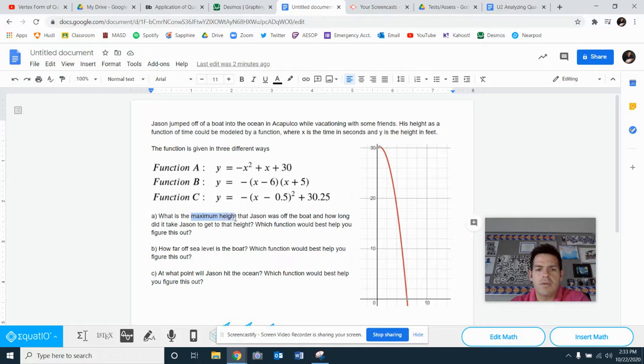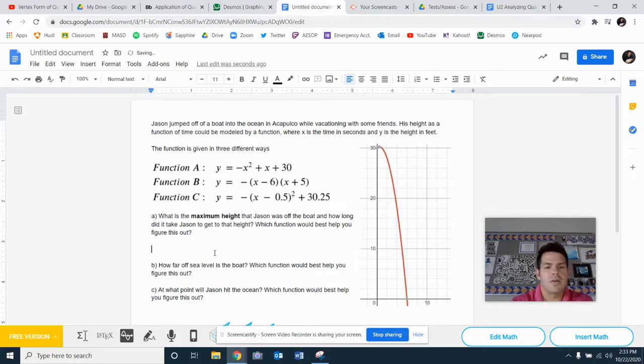Right away, my eyes are drawn to the phrasing maximum height. When I see maximum, I'm thinking about the vertex. It could be a minimum, but in this case, it's a maximum vertex.